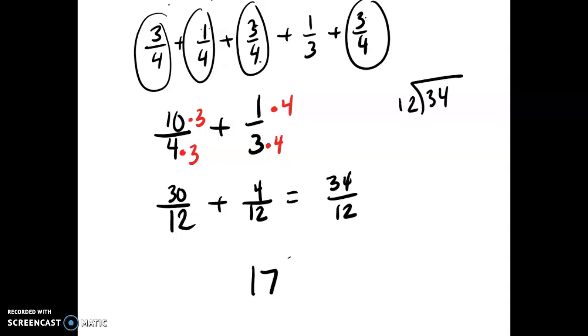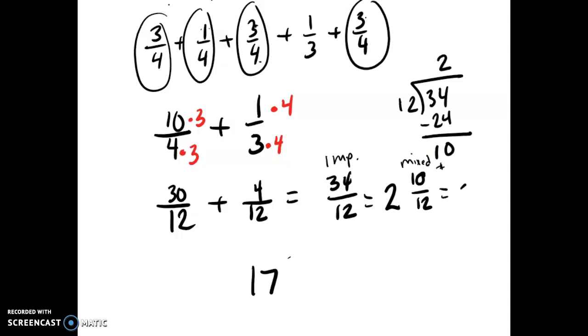Let's see, 12 goes into 34 2 times, and then I'm left over with 10. So this would be 2 and 10/12. This is an improper fraction, and this is the mixed number.